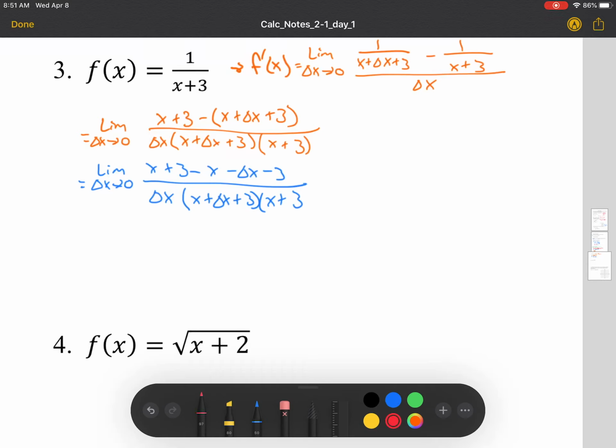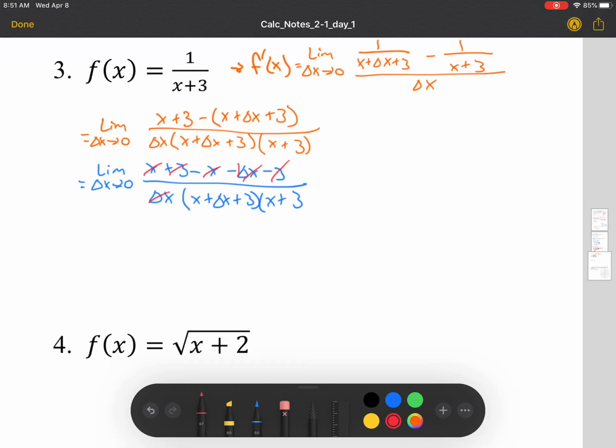Okay, and when you start canceling out all this good stuff, right, we got all these things canceling up top, positive x, our 3's. This gives you a -1 out front. Don't forget, that's a -1 out front there.